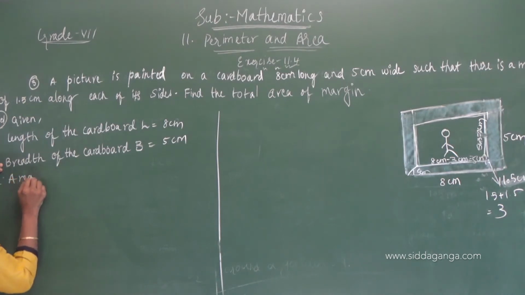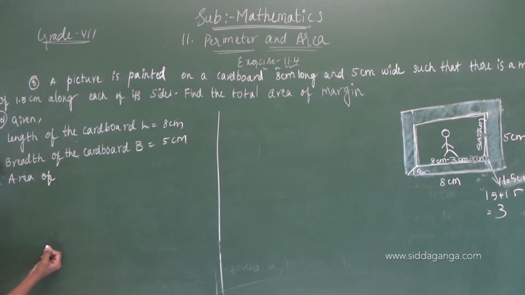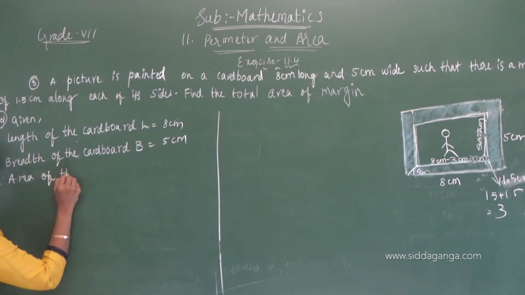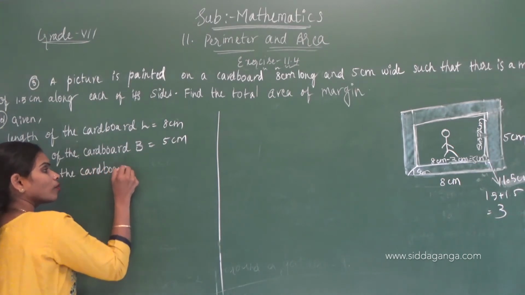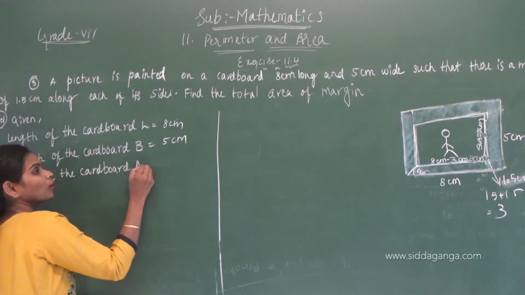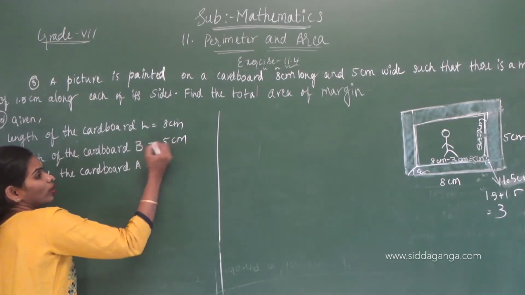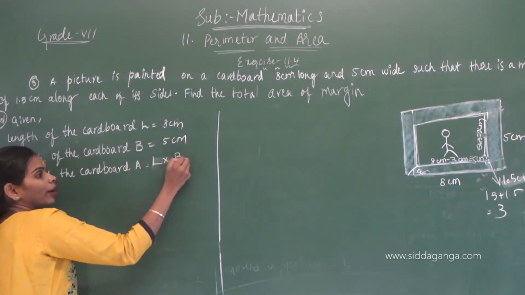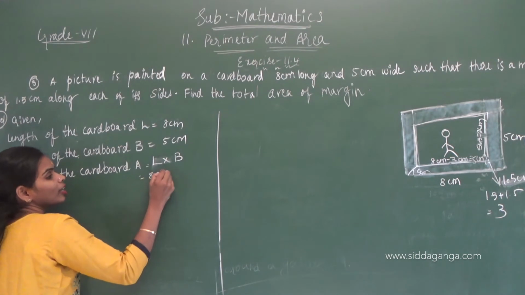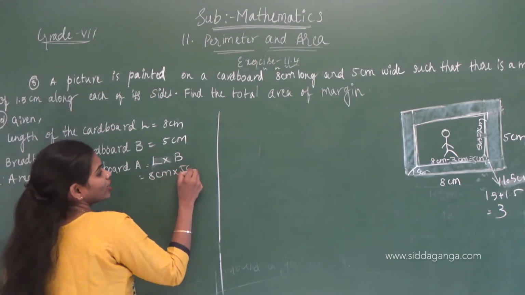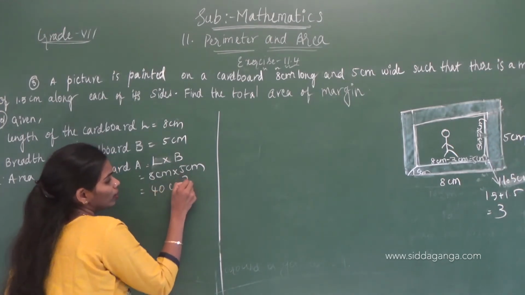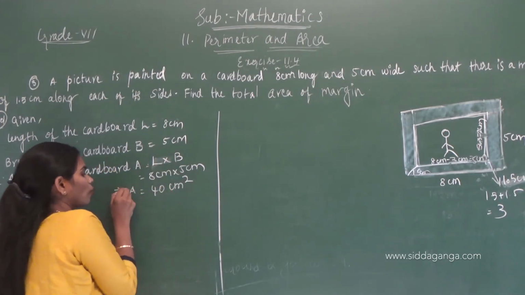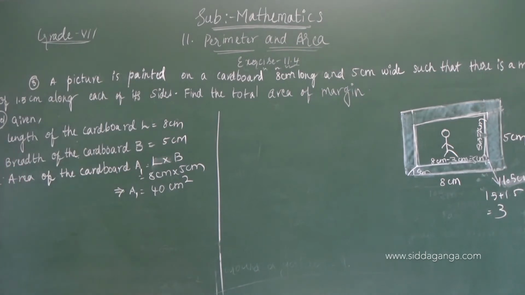If you know both, then we can find the area of the rectangular cardboard. Area of the cardboard, A equals length into breadth, that is 8 centimeters into 5 centimeters. What is it? 40 centimeter square.